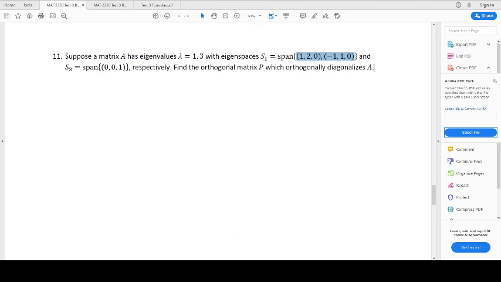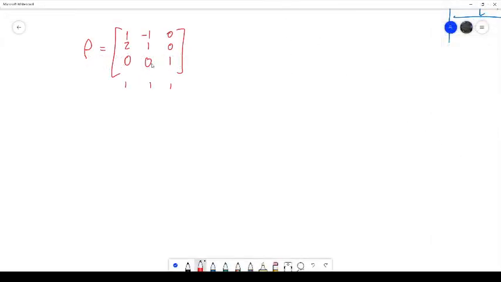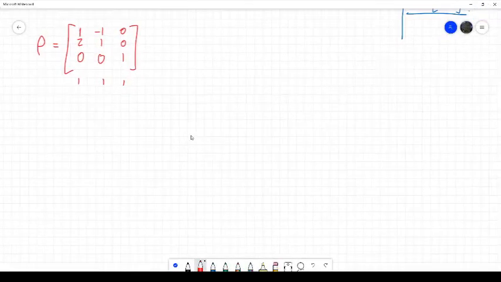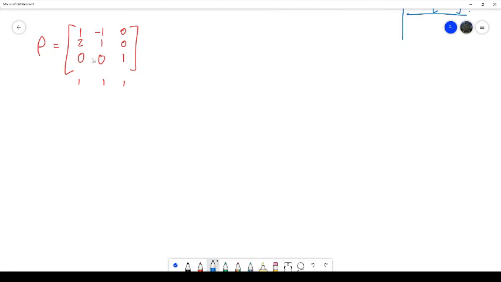So what we want to do for this problem is first make sure we have 3 orthogonal vectors, and all that takes in this case is just making these 2 orthogonal to each other. And the way that we make 2 vectors orthogonal to each other is using at least part of the Gram-Schmidt process.